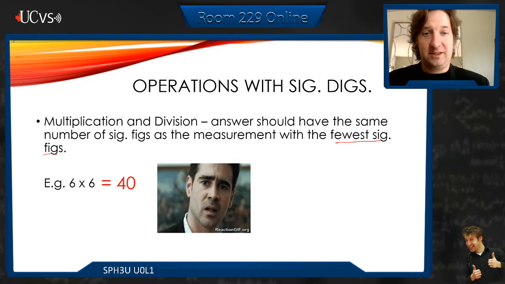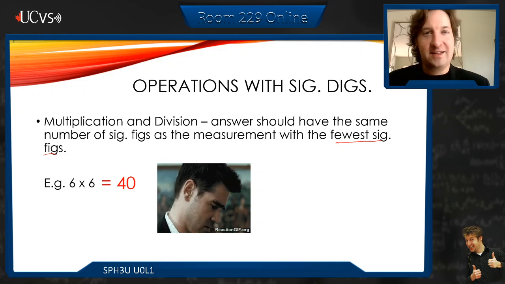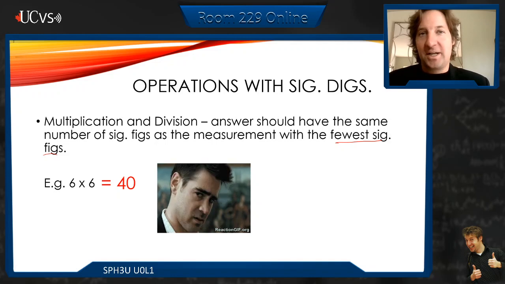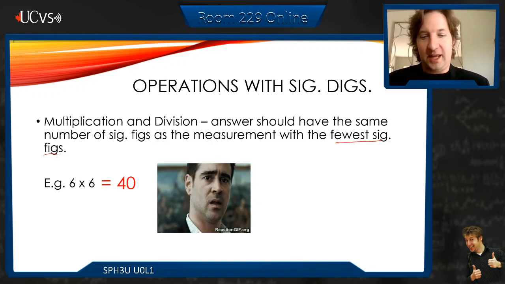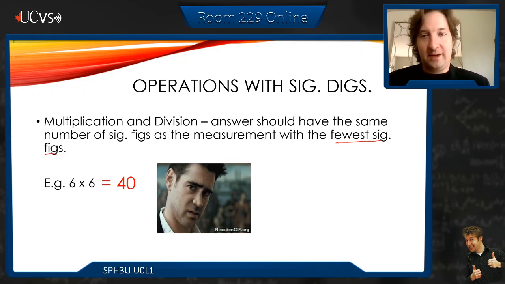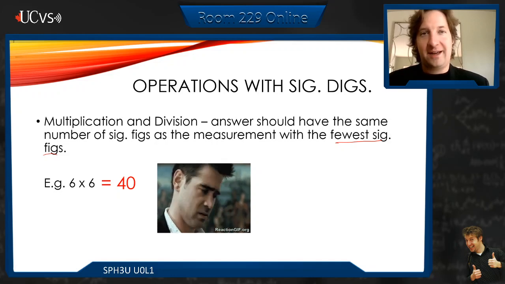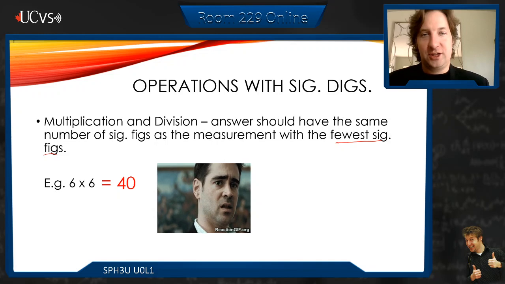And you might be looking at this like, what? That doesn't make any sense. 6 times 6 is not 40, and you're correct. 6 times 6 is 36. But in a lab, in an experiment, if I do 6 times 6, I have no numerical data after the first significant digit.